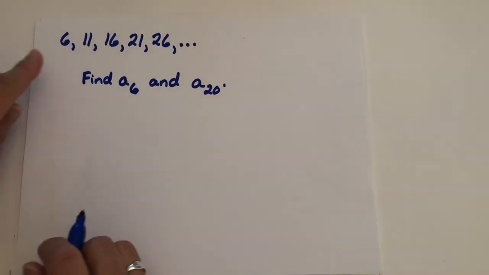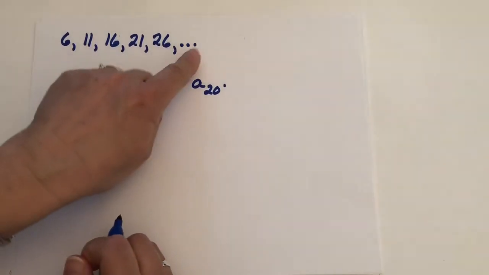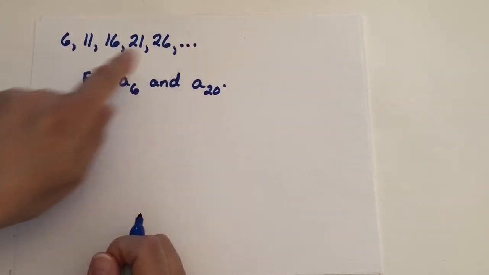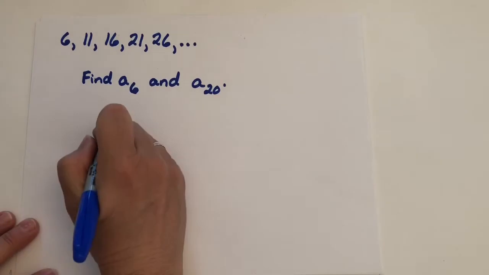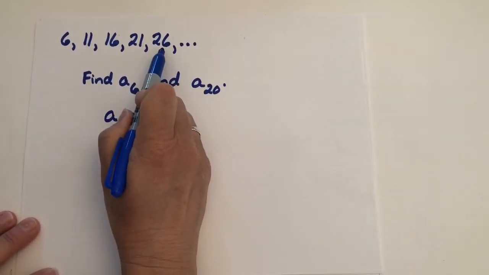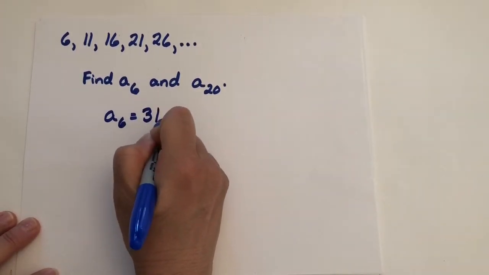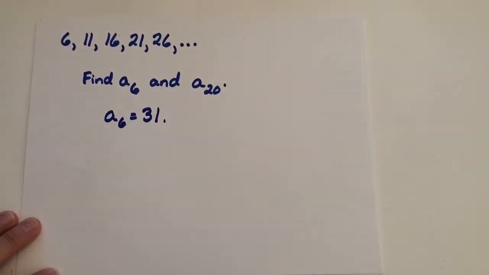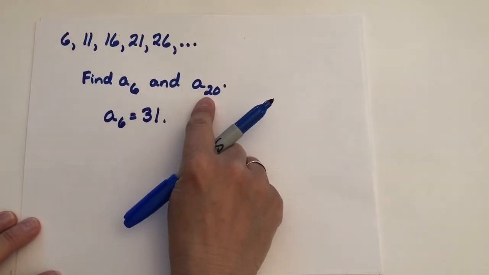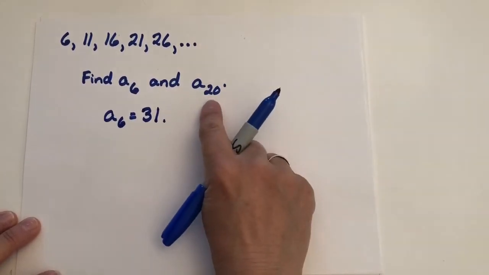Well, we have the first term, second term, third term, fourth term, fifth term. The 6th term is just the next one. So I hope you see we could just take the 26, add 5 another time, and we would have the 6th term as 31. But now to get to the 20th term, I don't want to just keep adding 5, adding 5, adding 5 until I get to the 20th term.